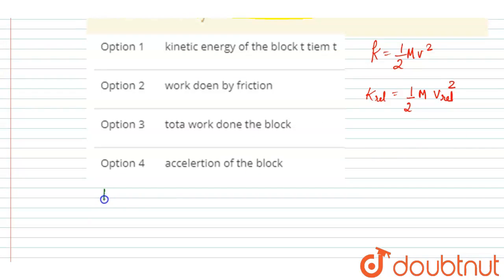Now moving ahead, the work done by friction. Work done by any force depends on frame. Why? Because W is equal to F vector dot S vector, where F is independent of frame, but S depends on frame.